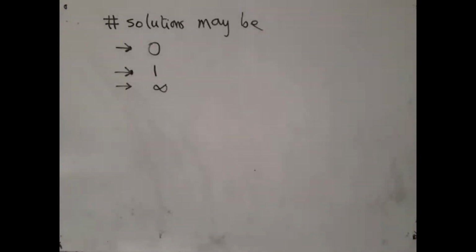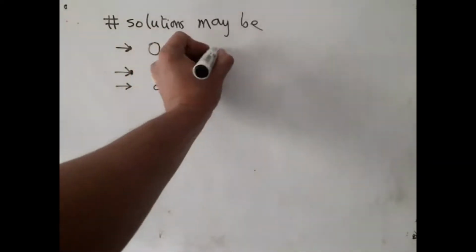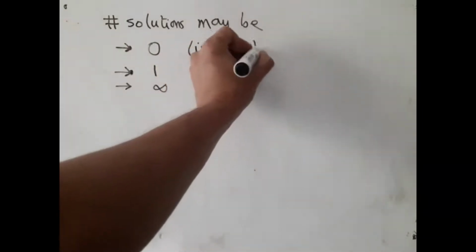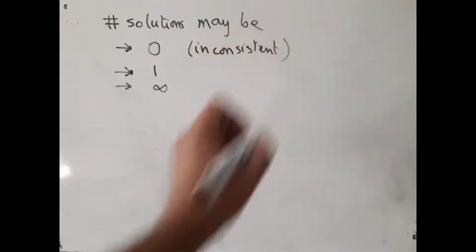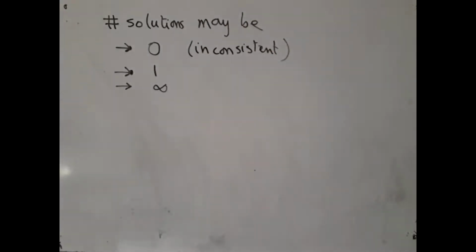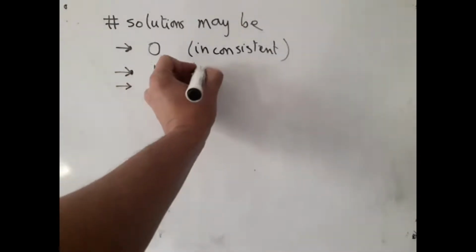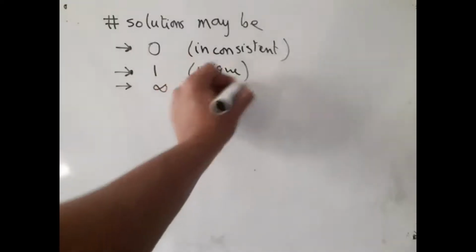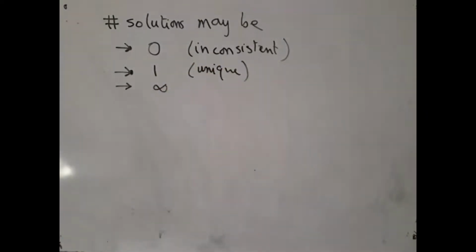The first important fact to be remembered about such a system is that the number of solutions, that is the number of possible x vectors satisfying that system, may be either 0, that is the system is inconsistent, there is no solution, or there could be exactly one solution, so unique solution, or there could be infinitely many solutions and nothing else is possible.